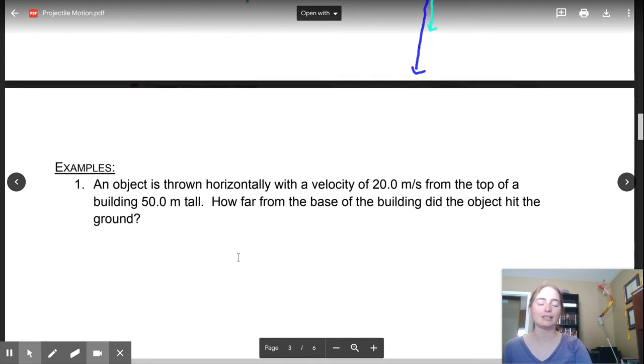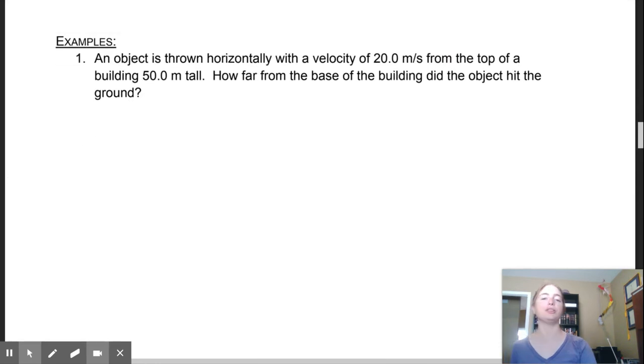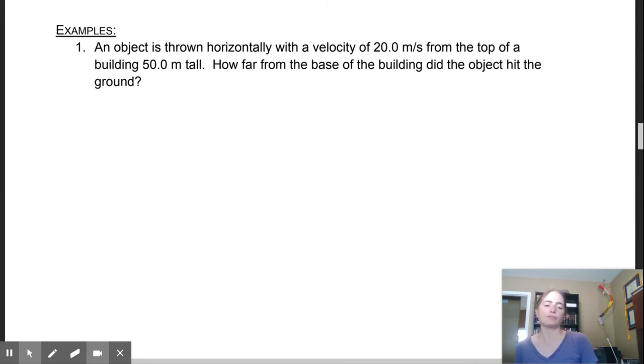Let us look at how to do these calculations. Once again, I know I harped on this in the last question, and I'm going to harp on it again. Organize your page properly. Because these questions are big. These are going to take up the whole page again. Especially when we get into our non-horizontally thrown projectiles, those are definitely taking up a full page.